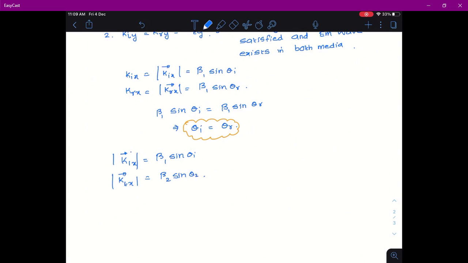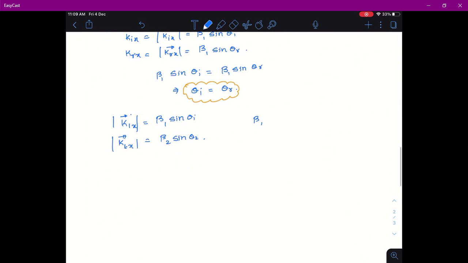And both should be equal. So I can write beta 1 sin theta i is equal to beta 2 sin theta t. Remember, we are considering a lossless medium. For a lossless medium, beta 1 is omega root over mu 1 epsilon 1, which we have already derived, and beta 2 is omega root over mu 2 epsilon 2.